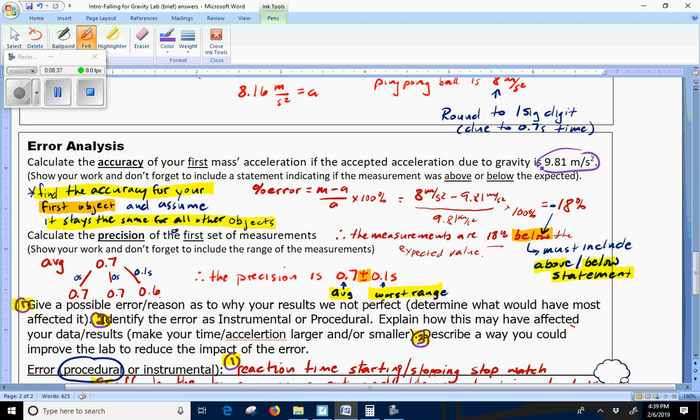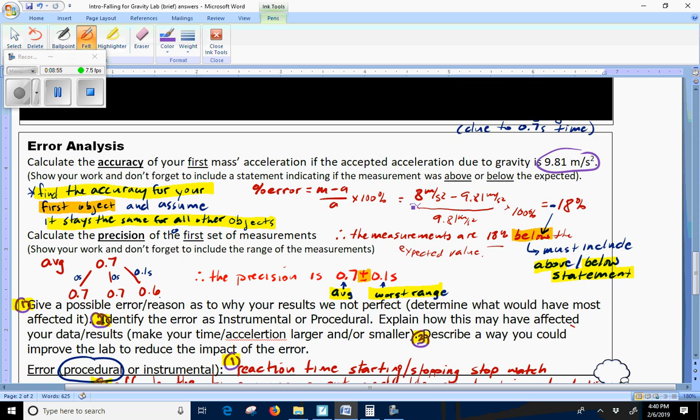Doesn't matter what size it is or what mass it is, as long as there are no other forces such as air resistance acting on the objects. So that's our given quantity. So we substitute in here and we have a value of negative 18%. What this means is that the acceleration we calculated here was a little bit lower than what it should have been.